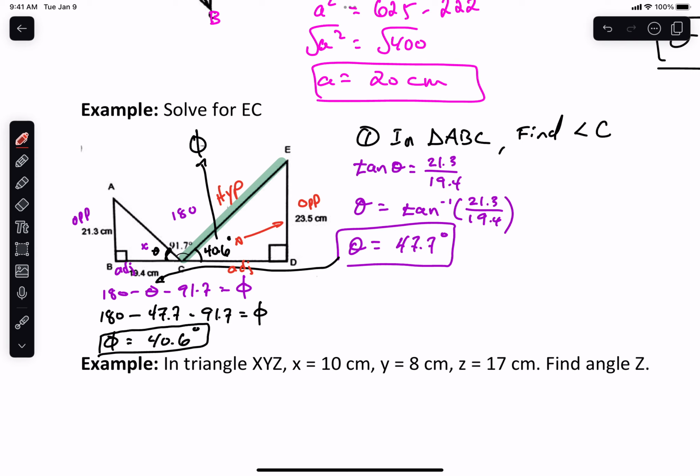Okay, I'm just going to write out, sorry, this would be number 2, and number 3 would be in triangle CDE, we're going to find side length EC.